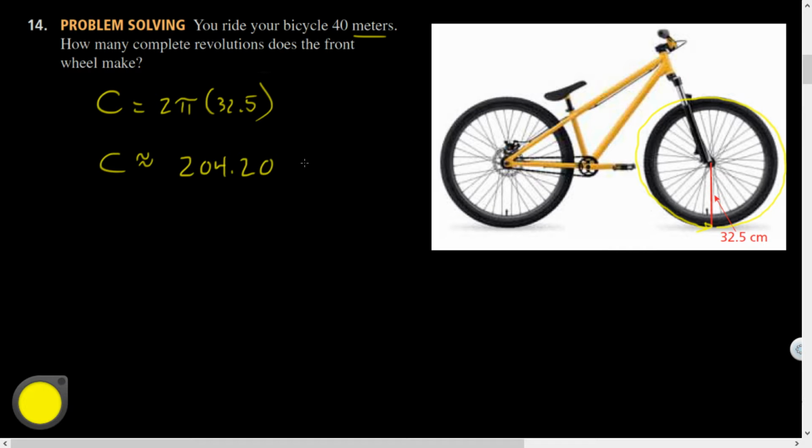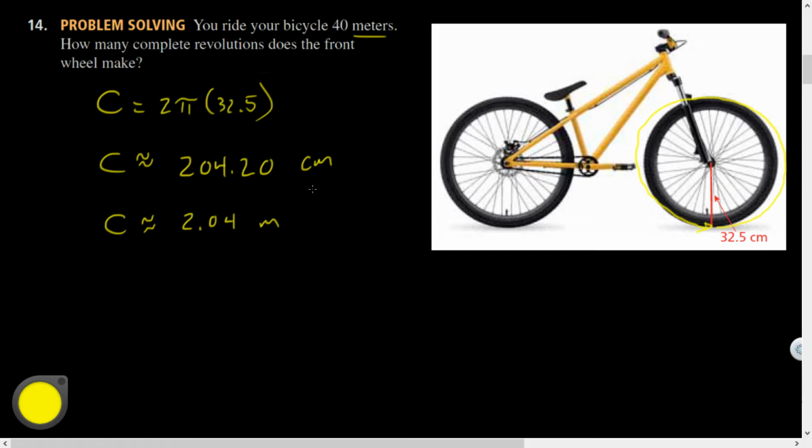204.20 centimeters. Now, this was 40 meters. What do I got to do? So I'm going to shift the decimal. C is about 2.04 meters. Oh, you wanted to convert.